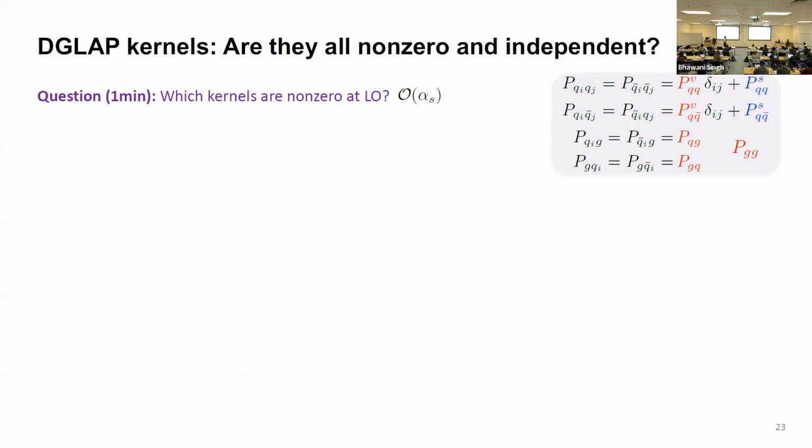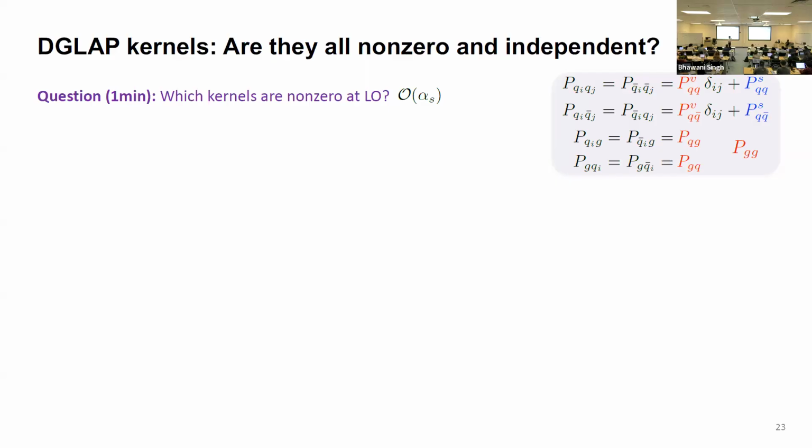And then the next question is, how about the kernels? Although we have written these forms in these 7 independent ones, the question that you may have is, are they all independent or are they all non-zero? And this is something even more beautiful, and I want to spend some time telling you about this, but I want you to first think about this.